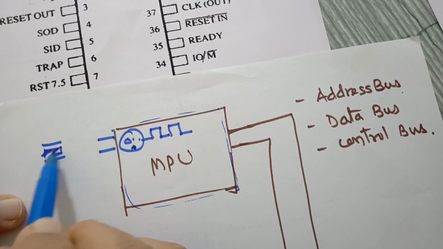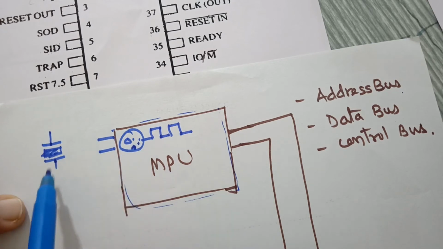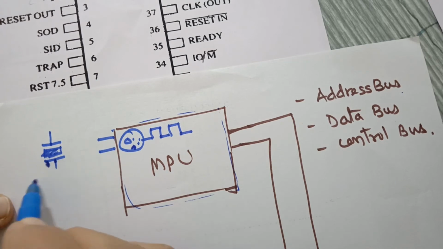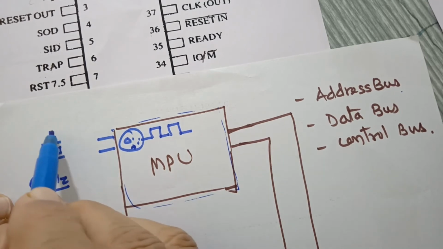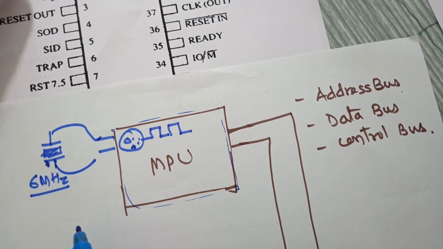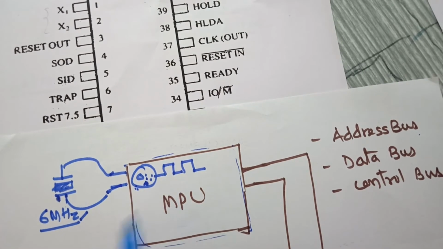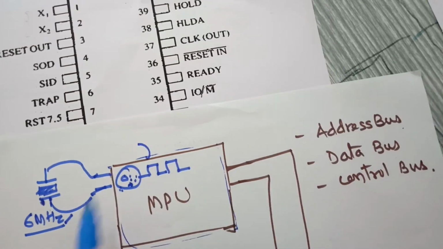You have studied somewhere in second year that an oscillator's frequency can be decided by a quartz crystal. Suppose I have a quartz crystal whose fundamental frequency is 6 megahertz, that means 6 million cycles in 1 second, and such a crystal is connected to X1 and X2, this oscillator will operate at 6 megahertz, and internally it divides by 2. That gives a clock of 3 megahertz.